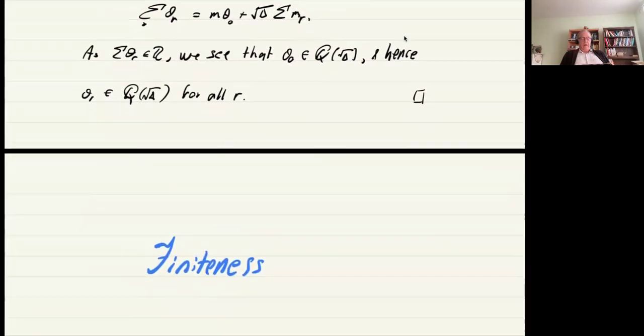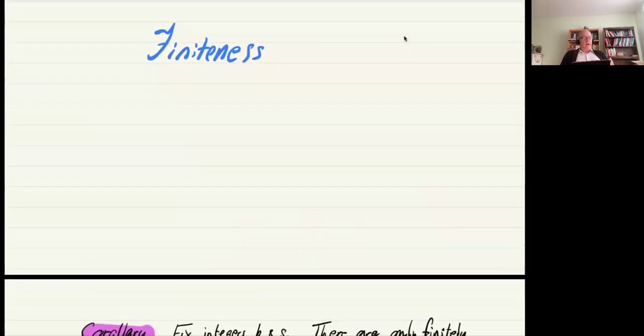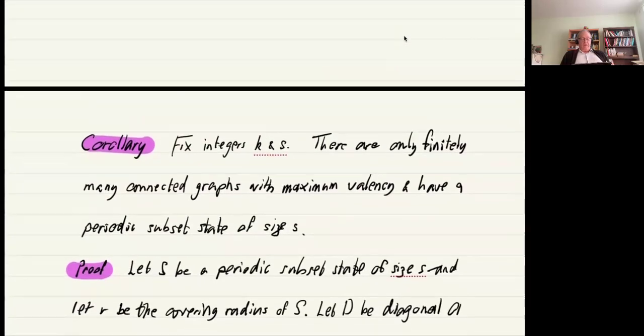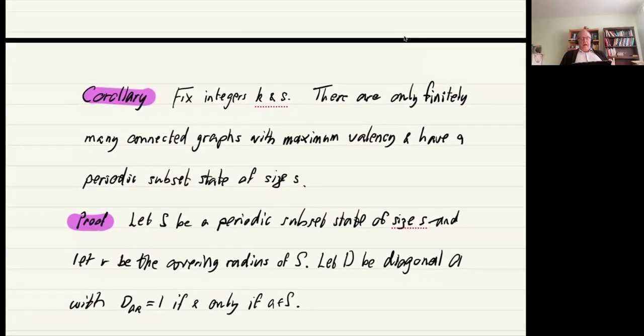Now, there are a number of consequences of this result, and I'm going to start talking about the most important one. We can view this as a corollary. If we fix two integers, k and s, k is going to be the maximum valency of our graph.